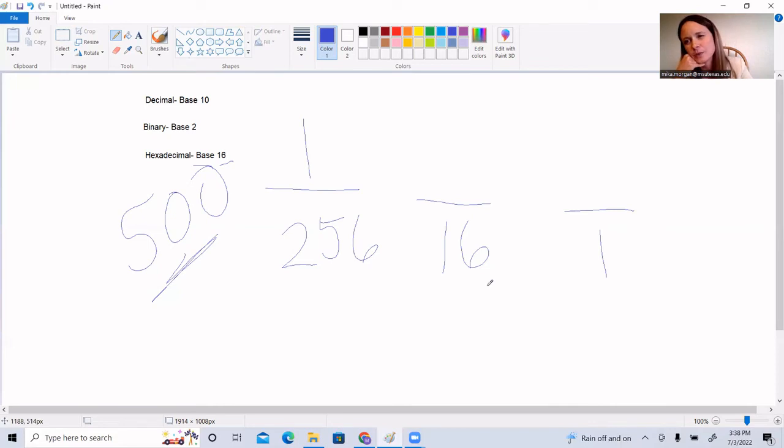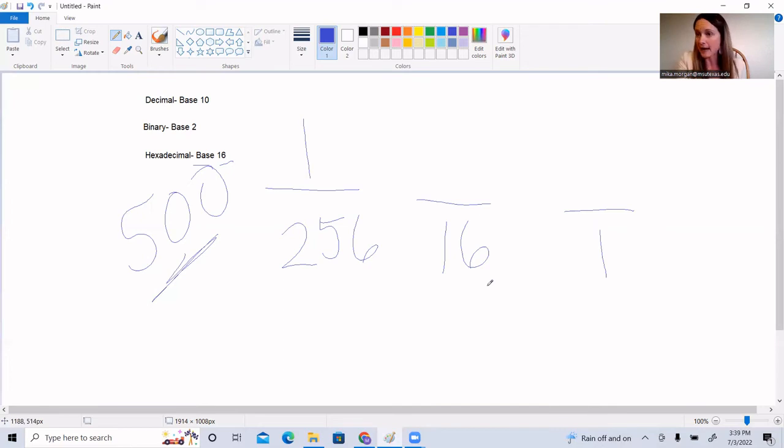What operation would we need to do to figure that out, if I'm trying to find the largest amount of 16s that would go into 244? See if you can think about it. Pause the video if you need to before I tell you the answer.